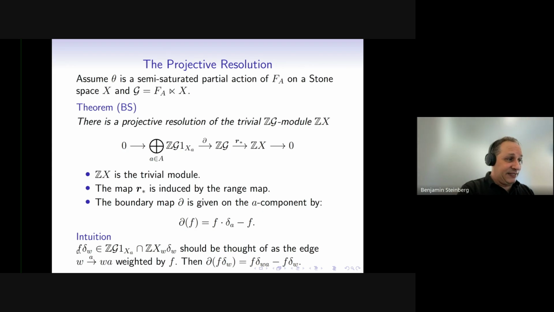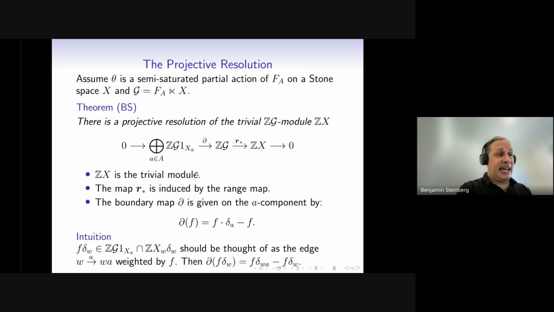So if I have a reduced word W, and I weight it by a function defined on its range, because remember, everybody can be written in that form from the skew group ring perspective, and it belongs to the A component, then I think of this guy as the edge in the Cayley graph of the free group from W to WA, but weighted by this function F. And from this point of view, the boundary map is F times delta WA minus F times delta W. So this looks like the boundary map in the Cayley graph, which is a tree, and therefore contractible, weighted by this function F.